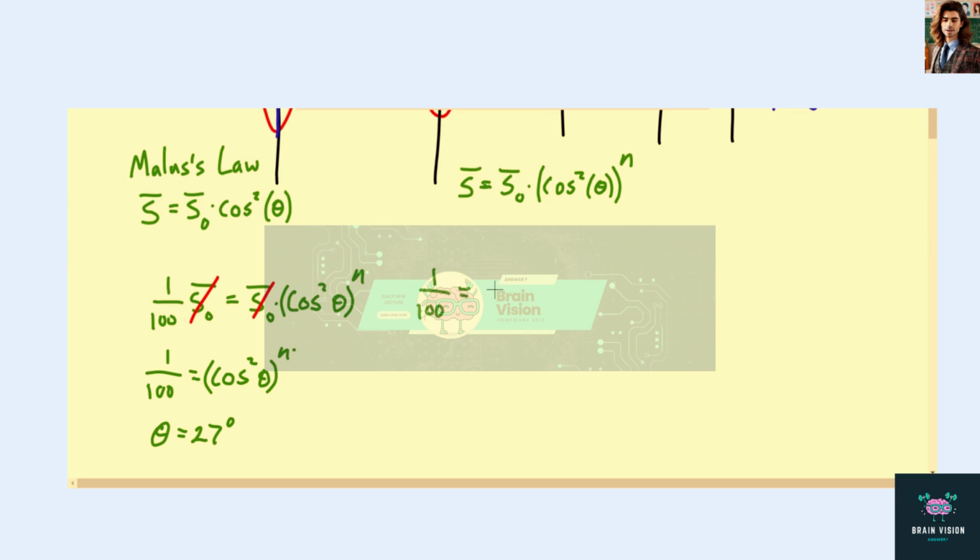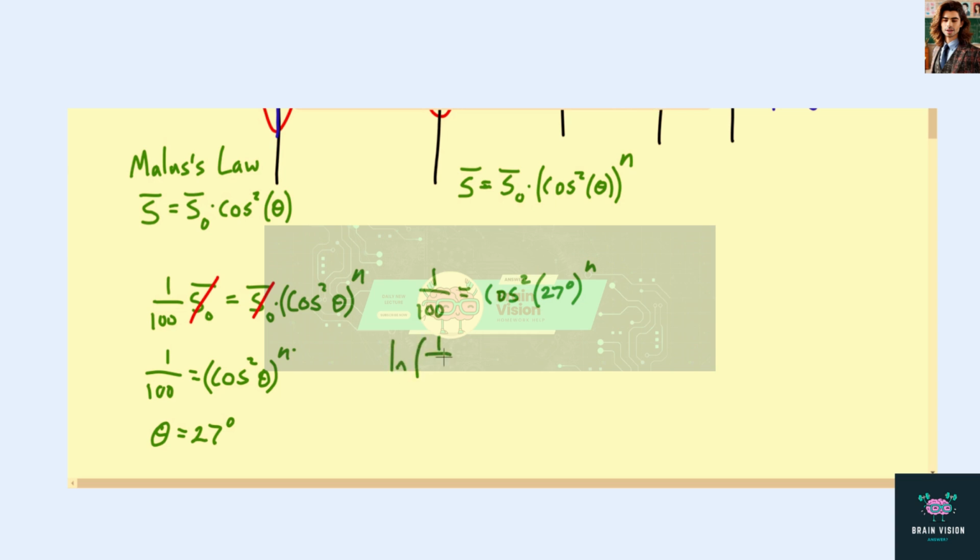1/100th equal to cosine squared 27 degrees to the n power. Now to solve for that exponent n, I'm going to go ahead and take the natural log of both sides.